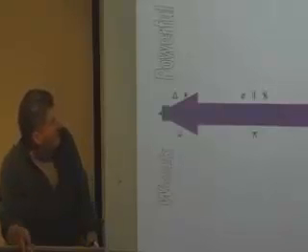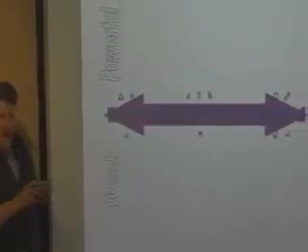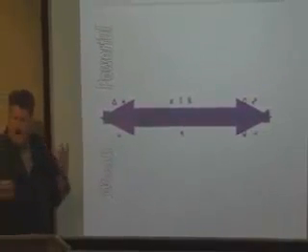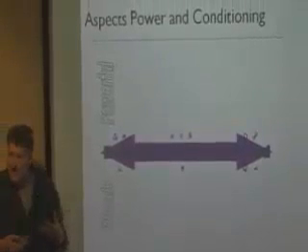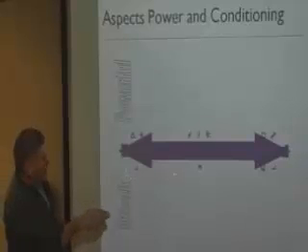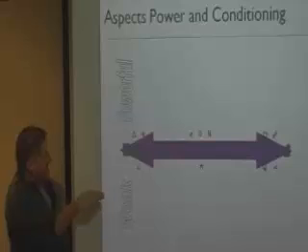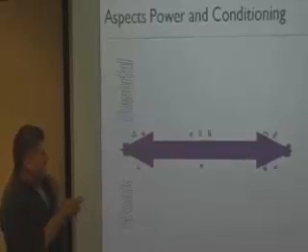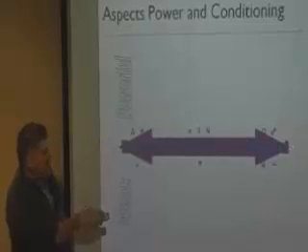I want to just go over this. Think of aspects in terms of their volume and their conditioning. Weak aspects are on the bottom of this line. More powerful aspects are on the top of the line. We are moving from harmony to neutral to discordant aspects.